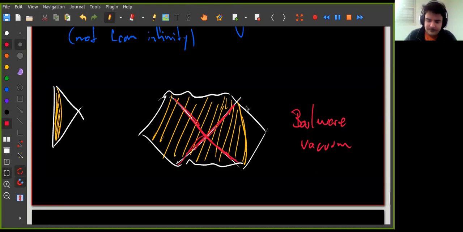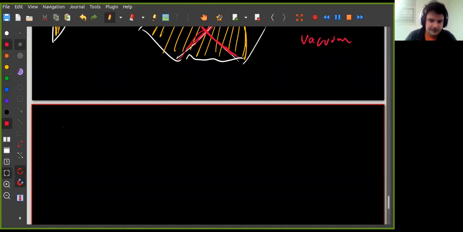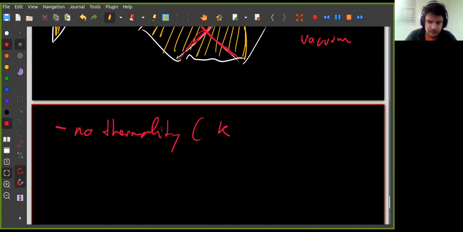So this is the Bohr vacuum. The properties of the Bohr vacuum are no thermality, or 0K if you prefer. So no modes coming from anywhere.